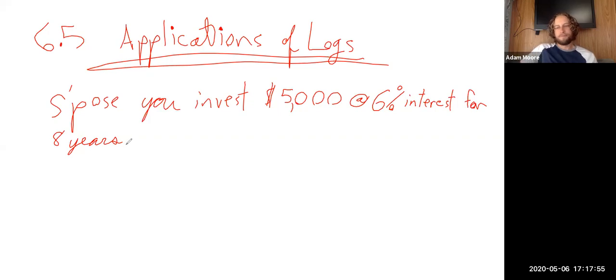Anyway, 6% interest for 8 years, but then I'll put comma, compounded. And we'll start out with just annually, compounded annually, and I'm going to underline annually.